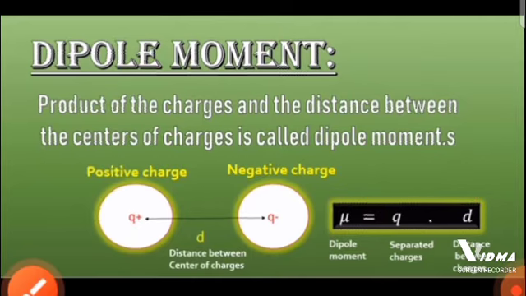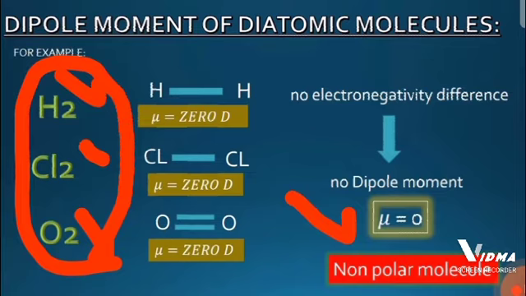Let us understand better with some examples. Diatomic molecules like hydrogen, chlorine and oxygen: here remember the dipole moment is considered as zero, because all these diatomic molecules are made up of two similar atoms, so they are non-polar molecules.